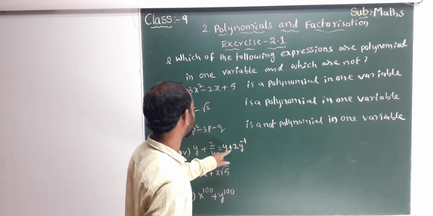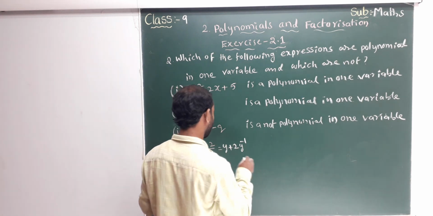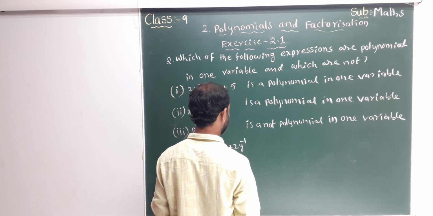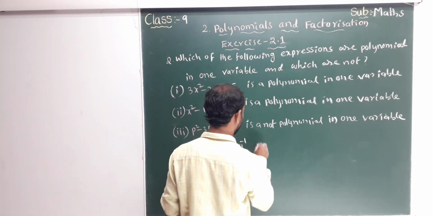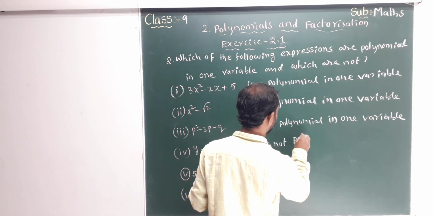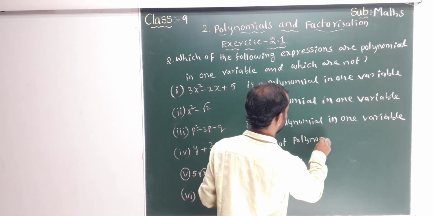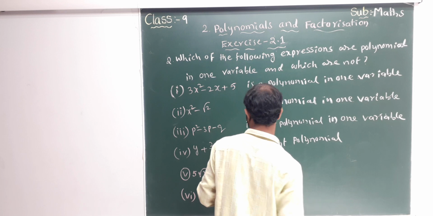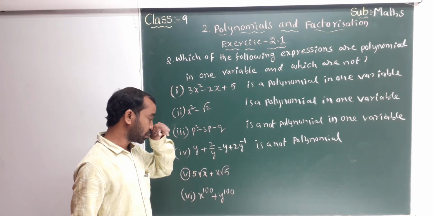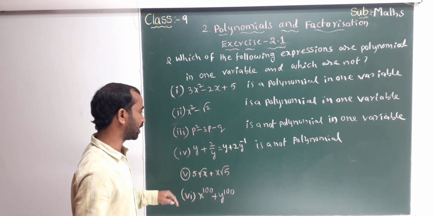So the given expression is not a polynomial. y plus 2y to the power of minus 1 is not a polynomial. Okay, here the exponent must be a non-negative integer, but this is a negative integer.